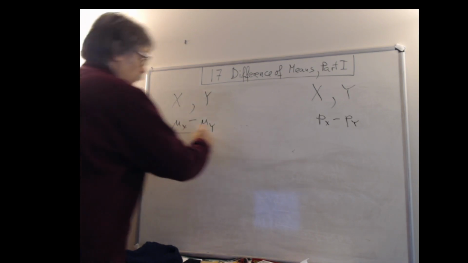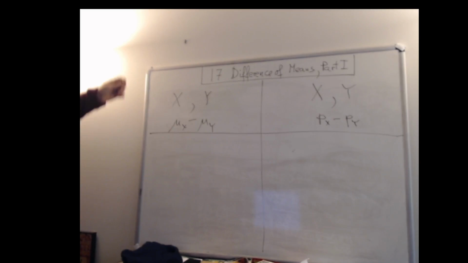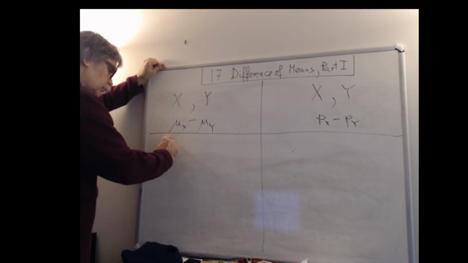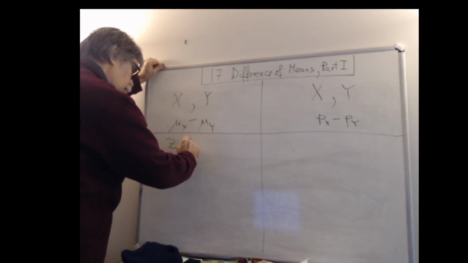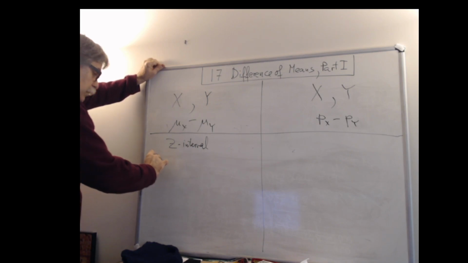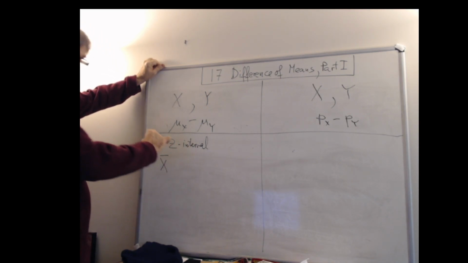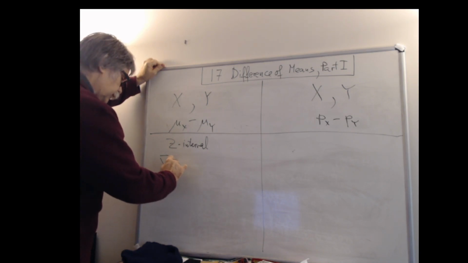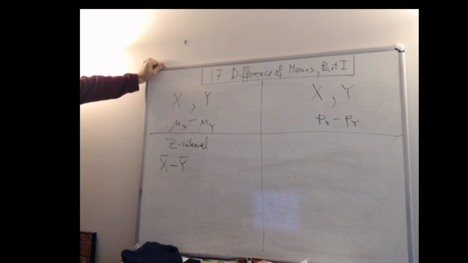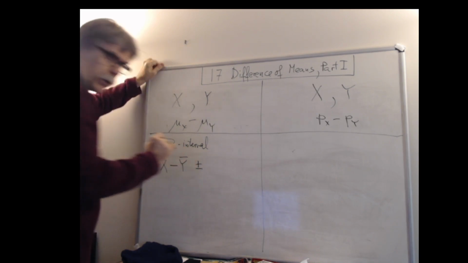In case of an estimate, if you are doing a z-interval estimate, you will have the point estimate, which is going to be anything you get out of the sample for the first population minus whatever you got from the sample, the mean of the sample in the second population, and then you're going to have margin of error.